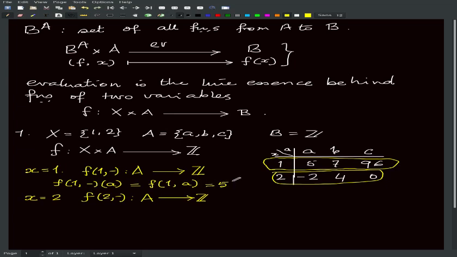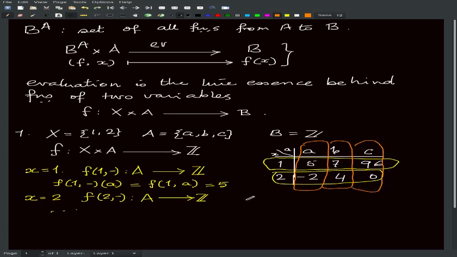Okay, all right. So similarly over here, if you fix a column, you similarly get functions. You get 3 functions.